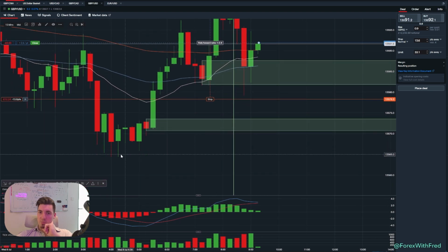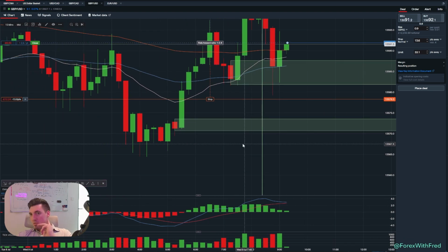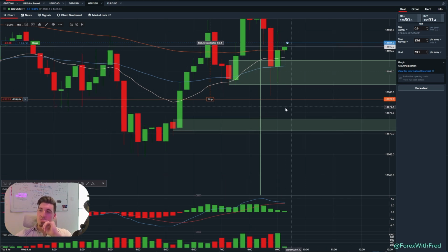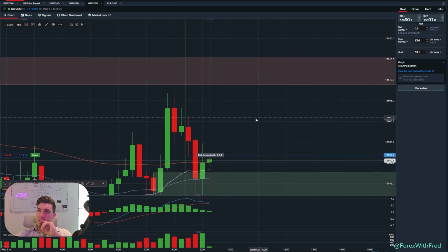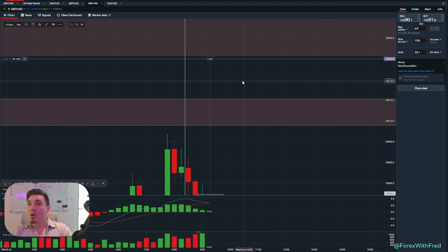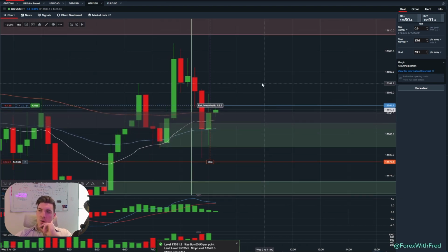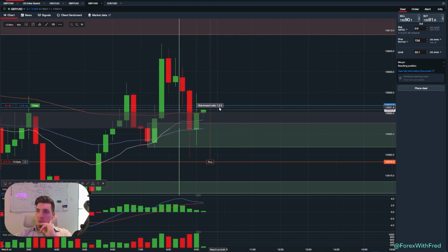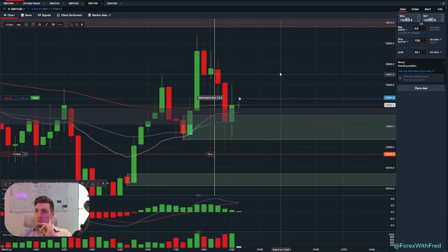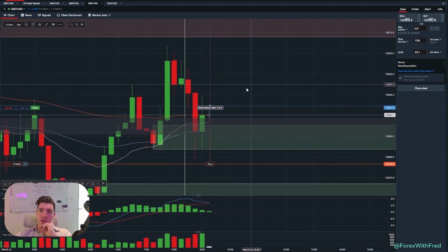Ideally, yes, I should have put it under here, but we'll see. And now I'm trying to aim for up here, which is roughly a 1 to 3 risk to reward ratio.